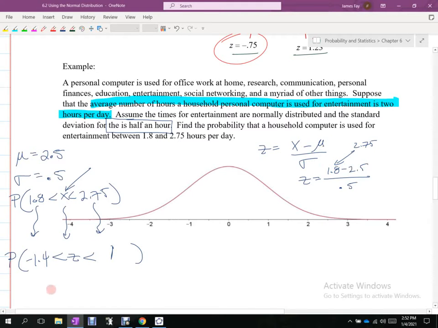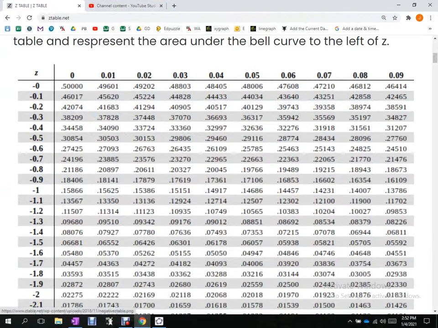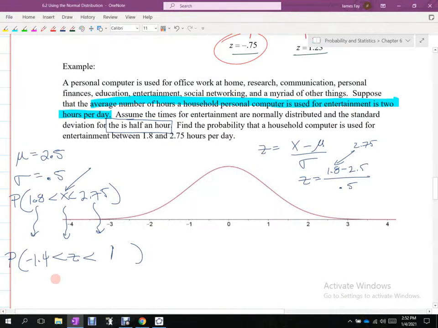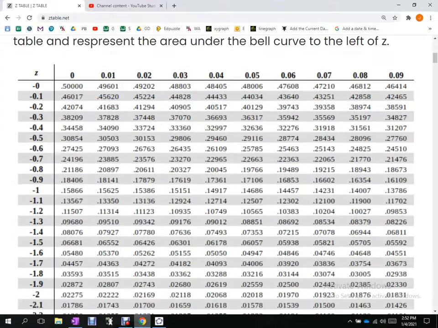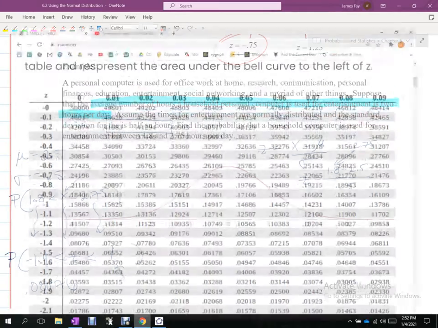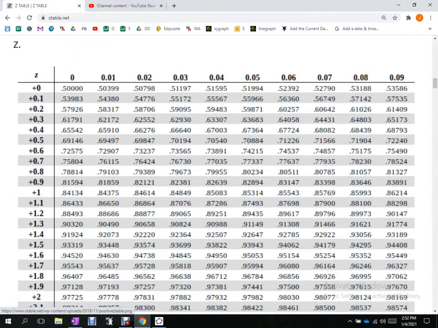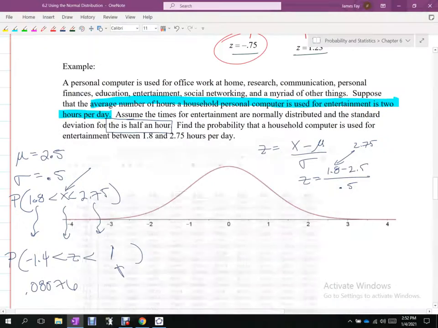So now I'm going to look up on my table negative 1.4, which is 0.08076. And I'm going to look up a z-score of 1, which is 0.84134.